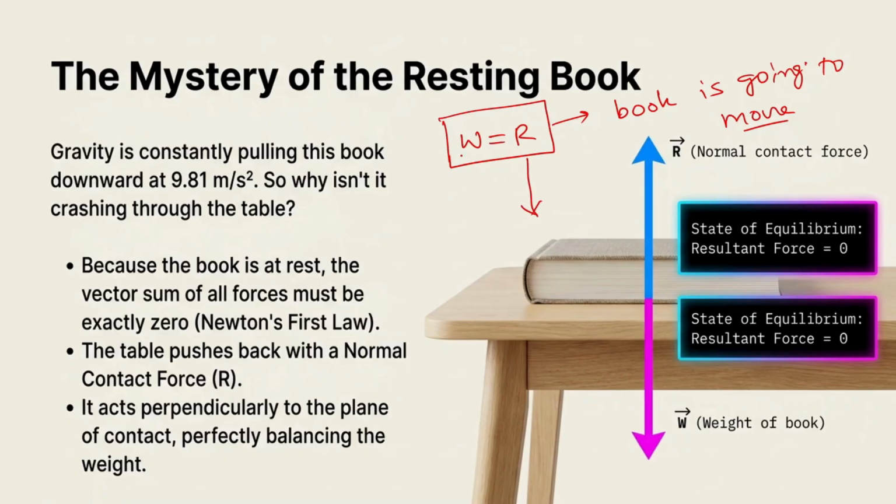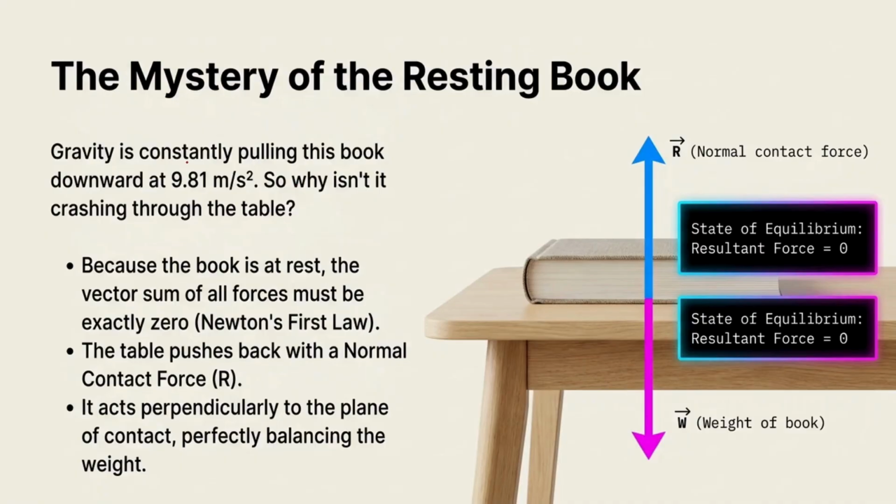But when you talk about the direction, these two forces are opposite. As you can see here, the normal contact force is in the upward direction, and the weight is in the downward direction. So gravity is constantly pulling this book downward at 9.81 meters per second squared.